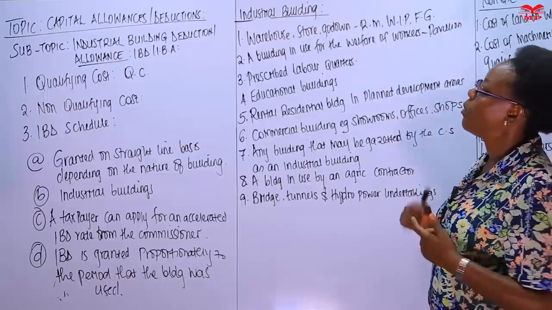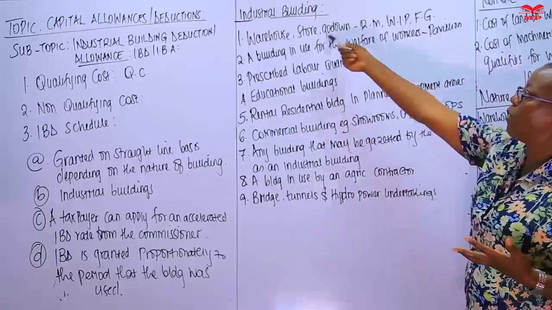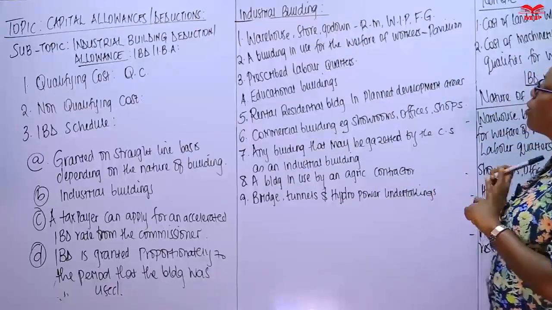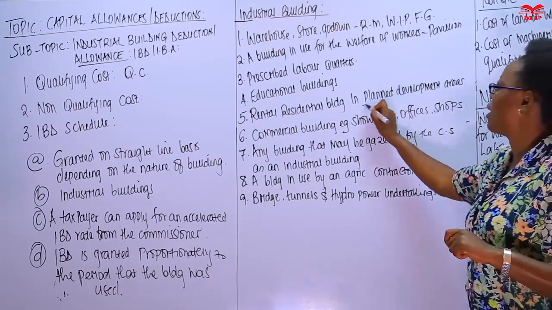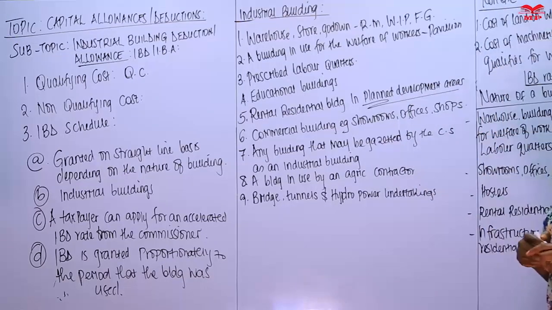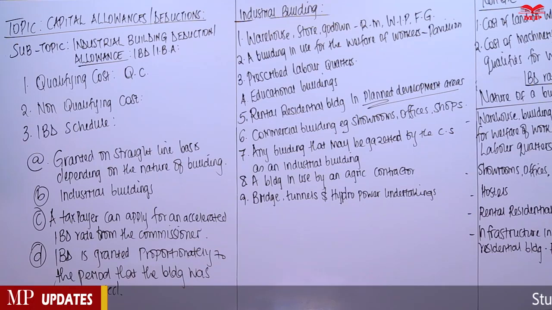So we said an industrial building will be the cost of a warehouse, a store, or a godown, whatever name you use, a building in use for the welfare of workers, prescribed labor quarters, educational buildings, rental residential buildings in planned development areas, very important, commercial buildings, and any building that the Cabinet Secretary in charge of Treasury may gazette as an industrial building, a building in use by an agricultural contractor, and a bridge, tunnel, or a hydropower undertaking.